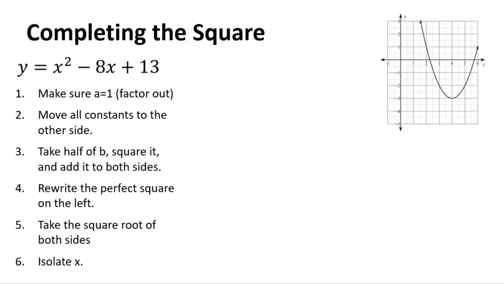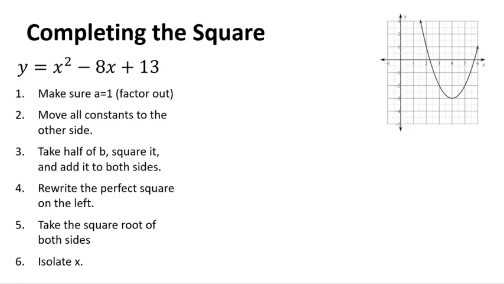And that brings us to our other two methods, completing the square and the quadratic formula. Completing the square is a little bit more involved. If it's a process that you can remember, it's very, very useful. And it's especially great if you did really well on special products and recognizing those patterns. So let's go ahead and start with completing the square.